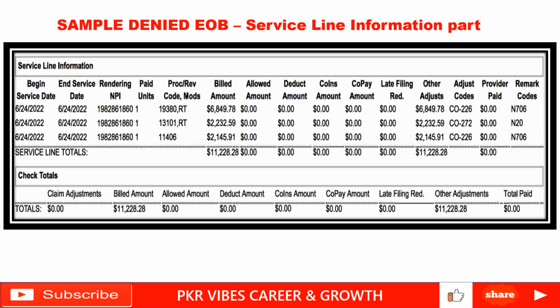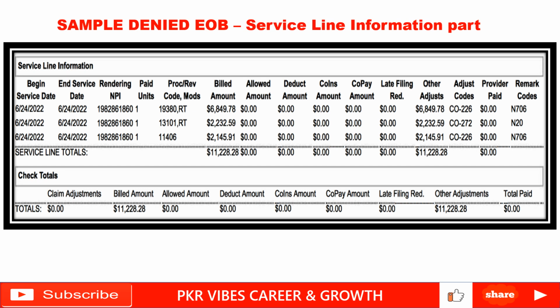See, in this EOB there is CO226 as a denial code, and the remark code is N706. And another procedure code is 13101 appended with modifier R3. It is denied as CO272.